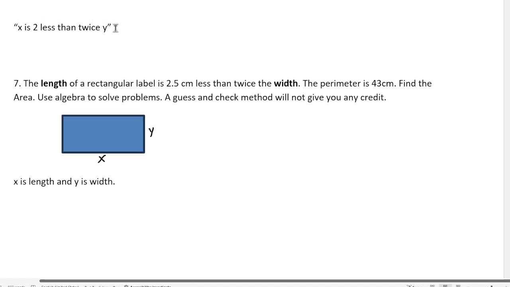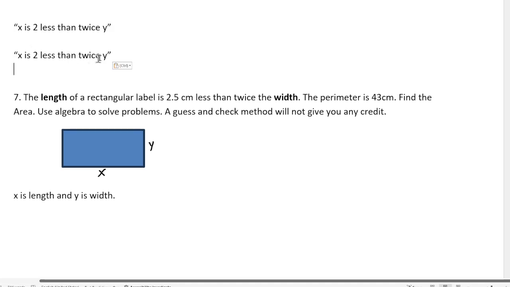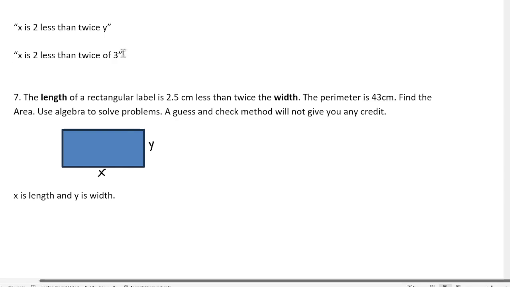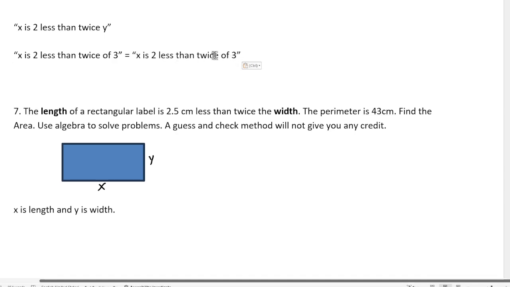So let's make another one. What if y is 3? So twice 3 is what? Twice 3 is 6. So you would say that this is equivalent to 2 less than 6, right?